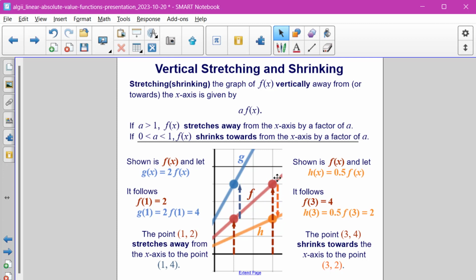It's going to shrink towards the x-axis by that factor. So we're shrinking that point 3, 4 towards the x-axis to the point 3, 2. For this point at 1, 2, it shrinks down to be 1, 1 from f to h.